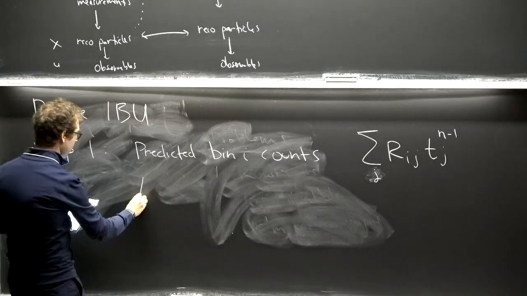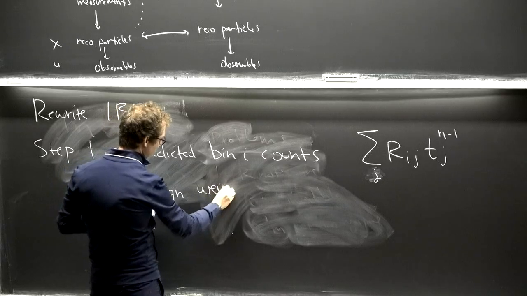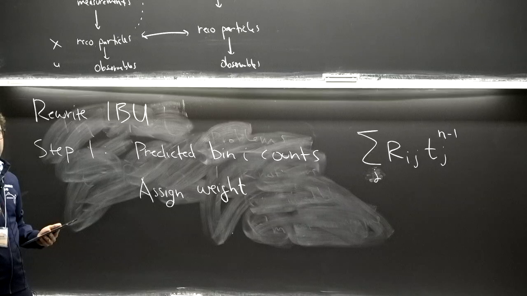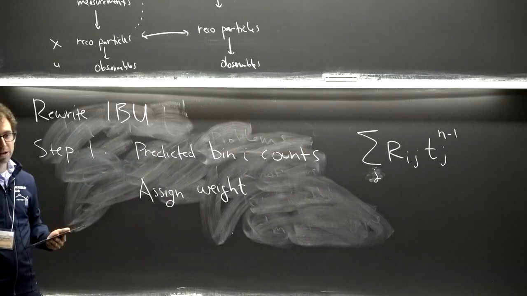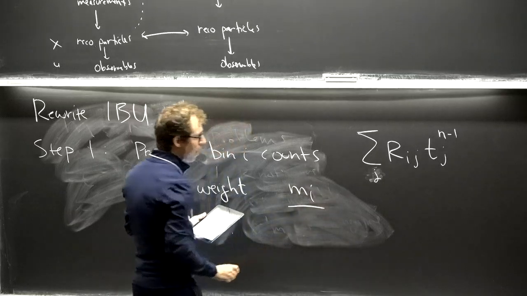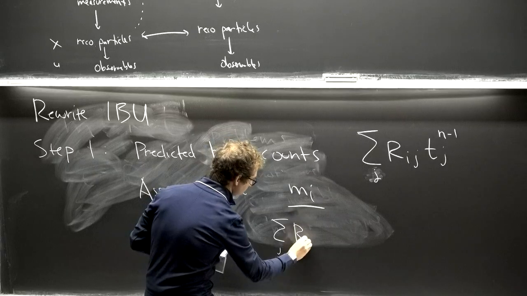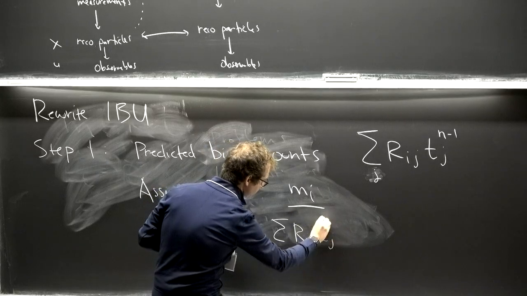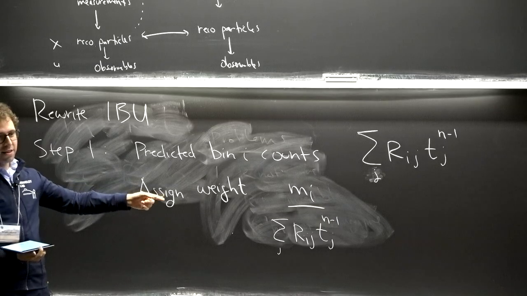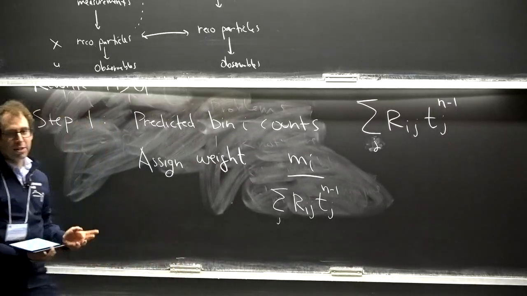And I assign a weight to the simulation that corrects for the difference between the predicted and the measured. My measured in a given bin is mi, and my predicted is that number. So if I make a new histogram where every bin gets that weight, then my simulation will look just like my data by construction.